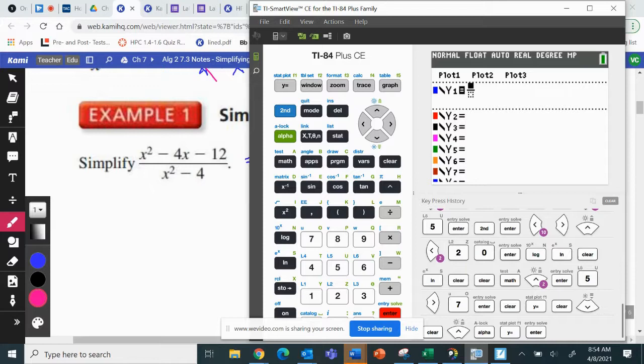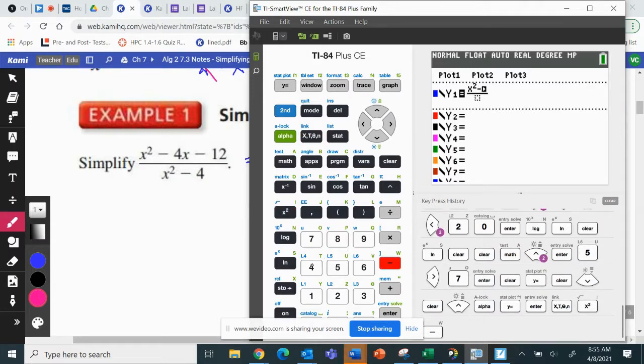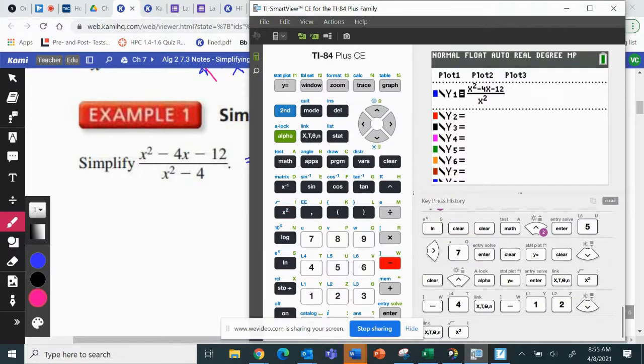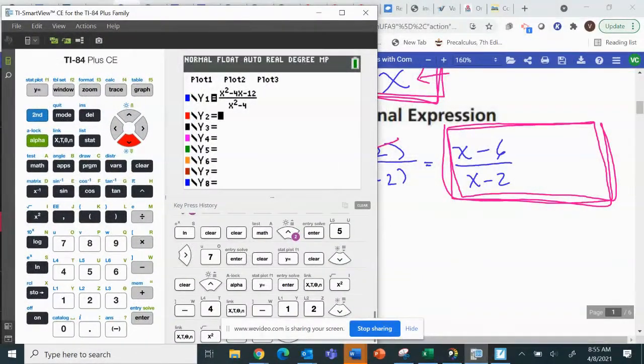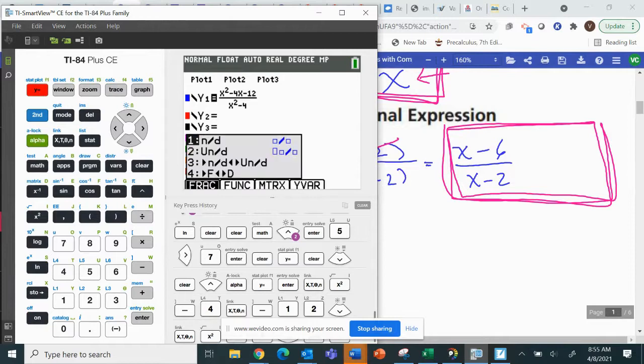So I'm going to type this in, and you should do the same. And then I'm going to type in my simplified answer for the second one, alpha y equals enter.